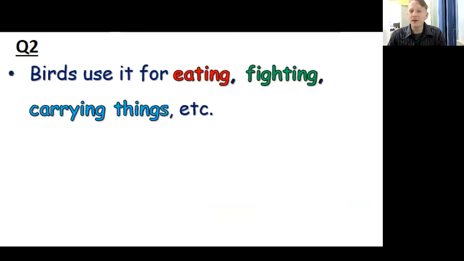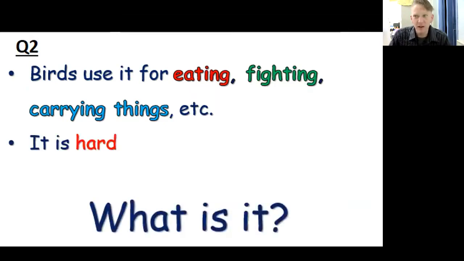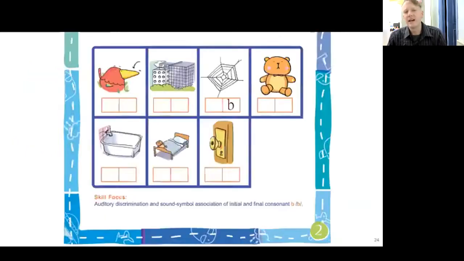Question 2. Birds use it for eating, fighting, and even carrying things. What could it possibly be? Is it their claws, their feet? No, it can't be. It has to start with the letter B, right? It's hard as well, very hard, kind of like the desk. Solid. Okay, let's have a look. If you said beak, you are correct.